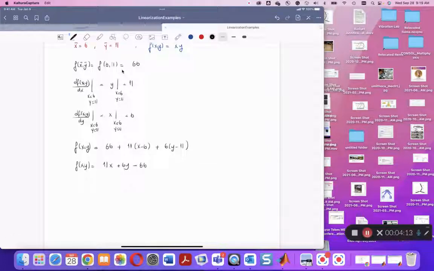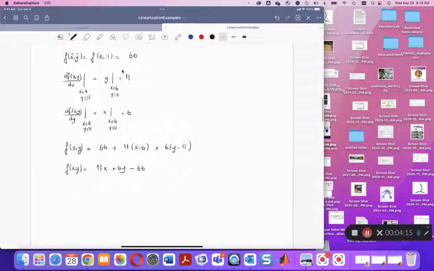So this was the first part of the problem. It was asking you to linearize your equation around those given points or region. So my linearized equation is valid if x is around 6 and y is around 11.